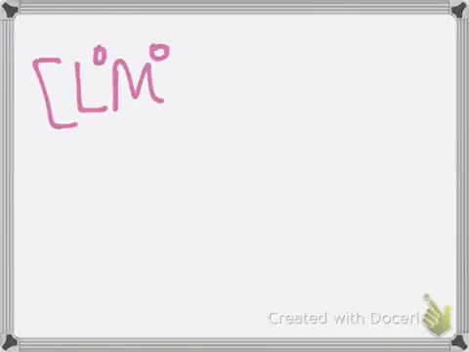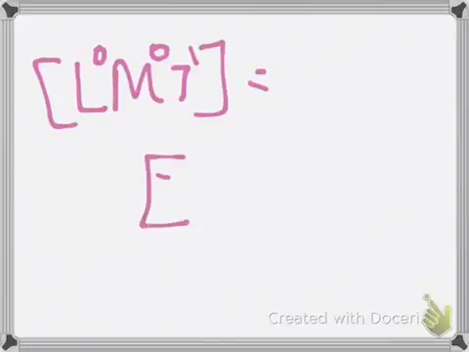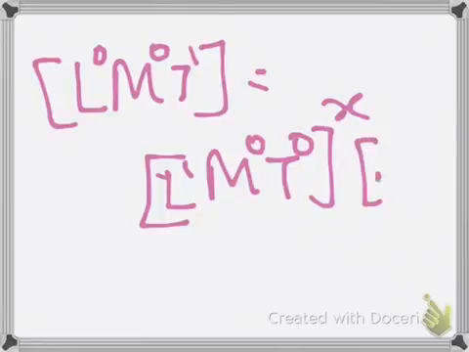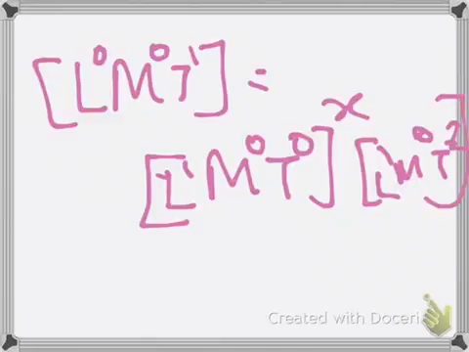So rewriting the equation, the left hand side is L0 M0 T1, equal to L1 M0 T0 raised to the power x, because L^x, into L1 M0 T raised to the power minus 2 raised to the power y.